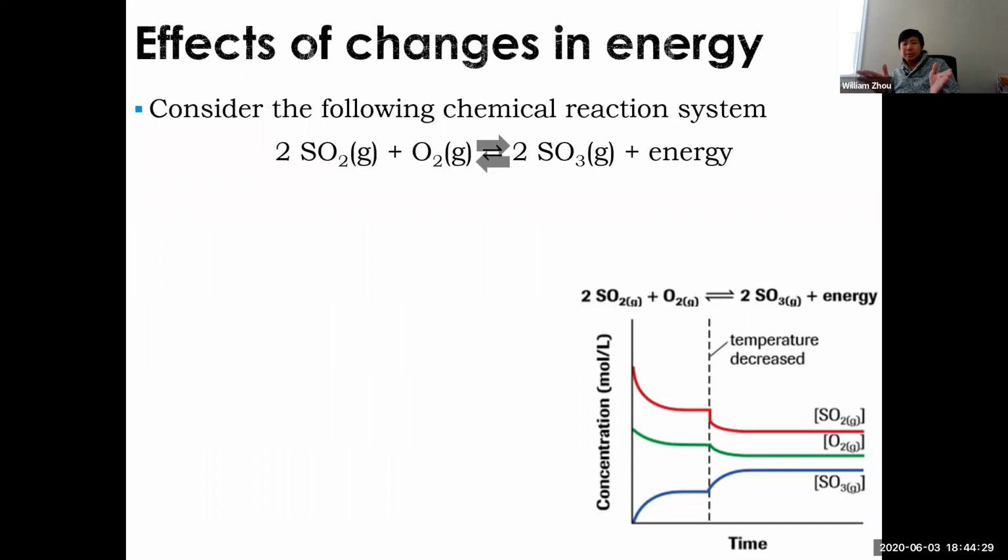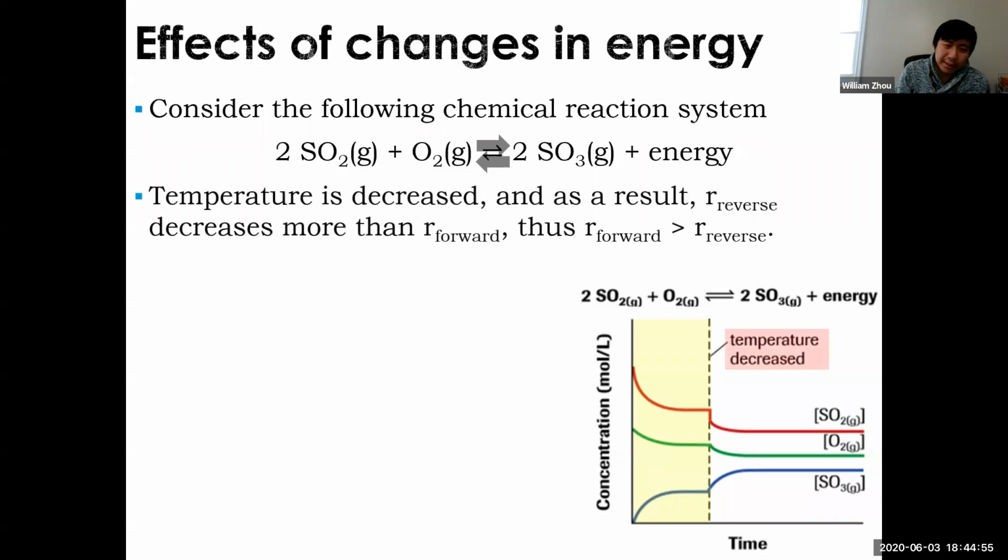Looking at a specific example right here, SO2 gas plus oxygen gas, equilibrium, you get SO3 and energy. So this is exothermic. You start with all reactants, no products, and you eventually reach equilibrium. They all stay the same now. Okay, cool. Let's disturb the system. Let's decrease the temperature.